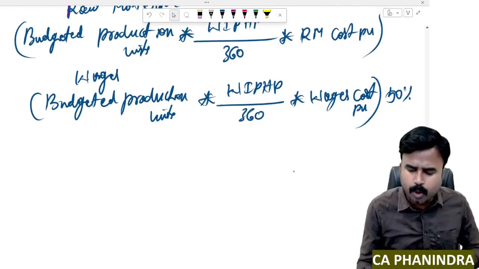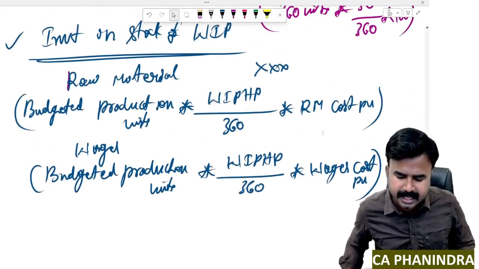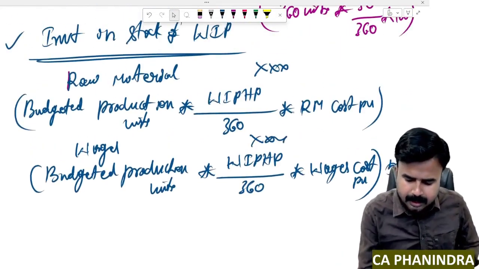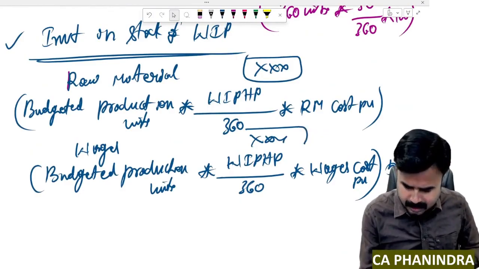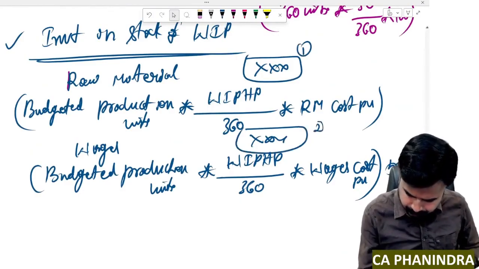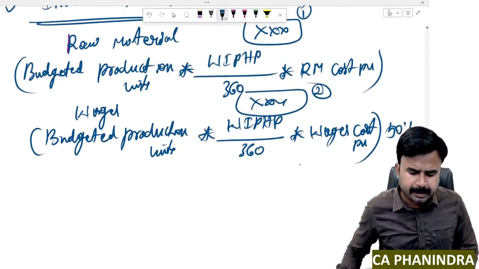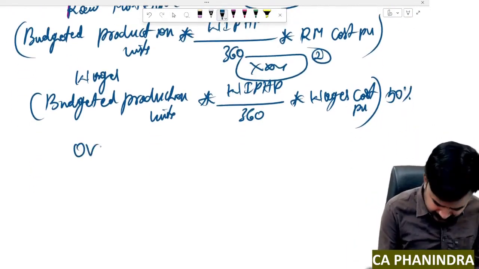This is my second cost component, dear students, which is loaded in your stock of work in progress. This is my first cost component. Now I'm writing overheads.